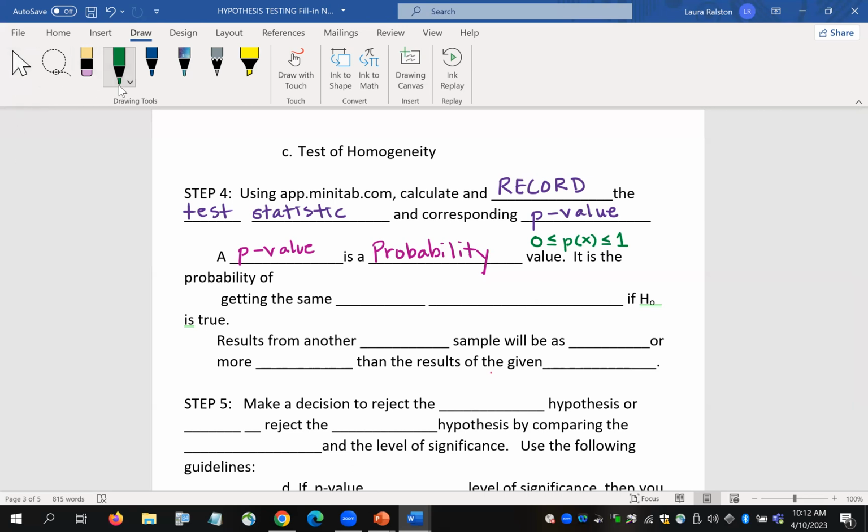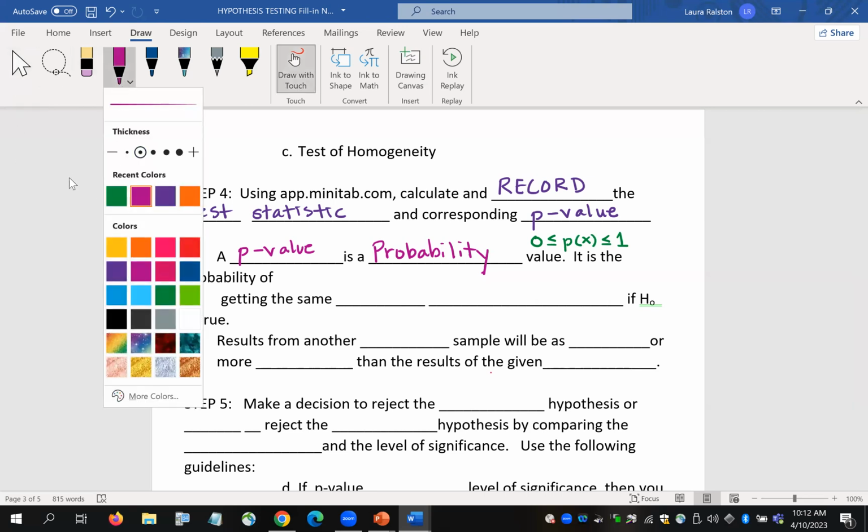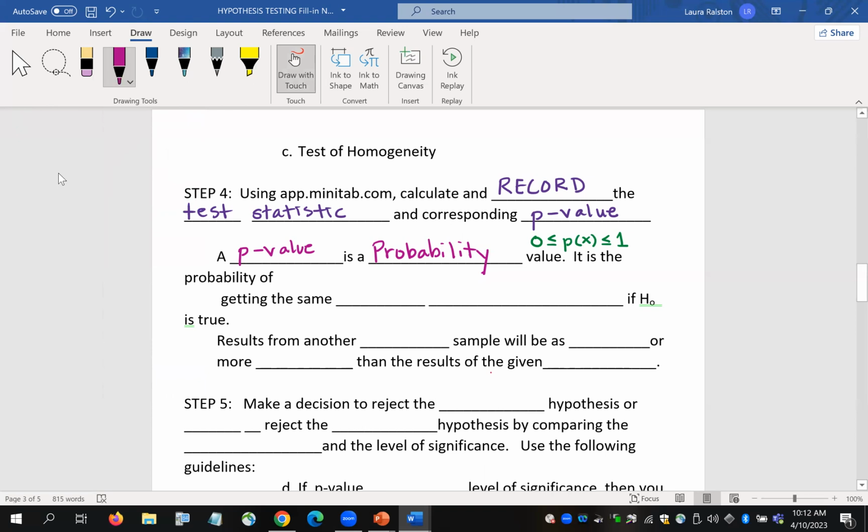What the p-value represents, the p-value is the probability of getting the same test statistic over and over and over again if our null hypothesis is true. Remember, we're making the assumption that the null hypothesis is true unless the evidence proves otherwise.